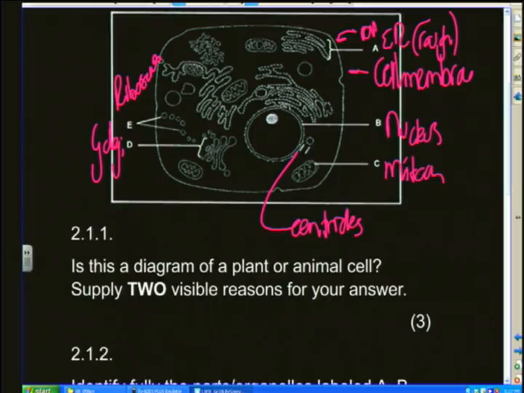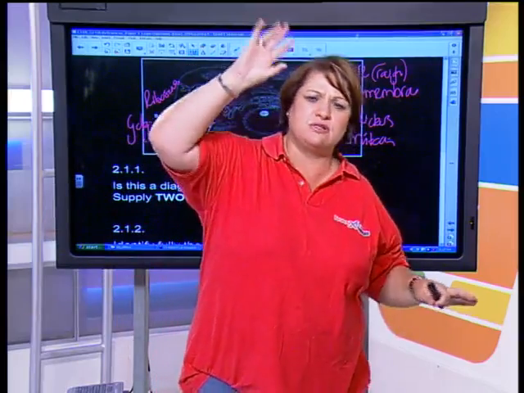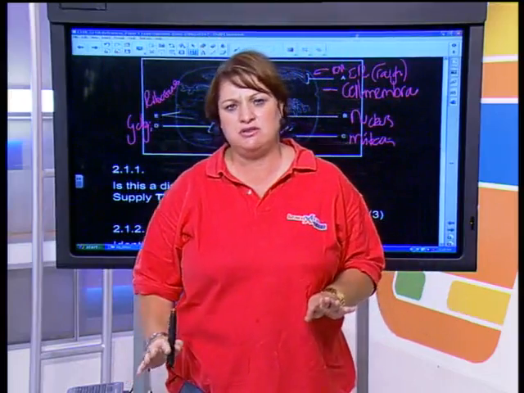You have a piece of paper, I call it an annotated diagram. You've drawn a nice picture of the cell, and you've got labels all over the show, and next to the labels, you've got each of the functions. Mitochondria produces energy. Chloroplast for photosynthesis. Vacuole stores food. Nucleus controls all the activities of the cell.